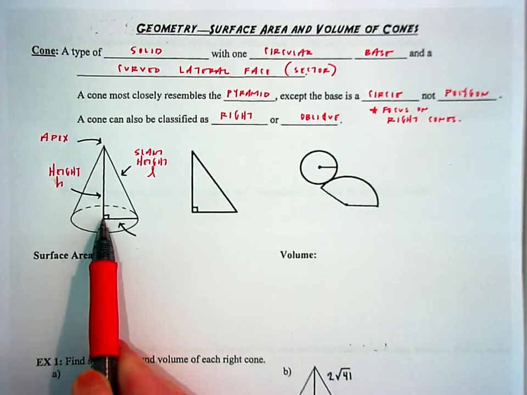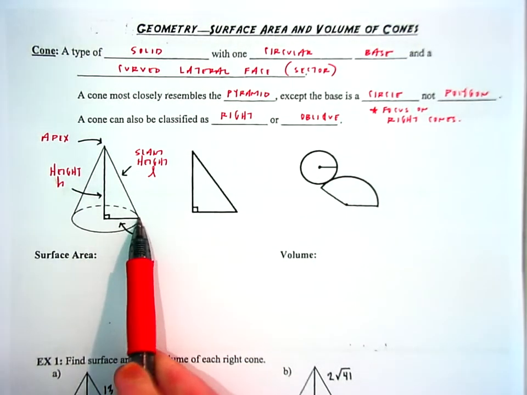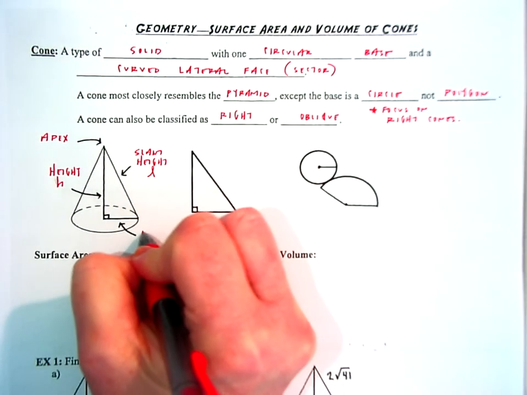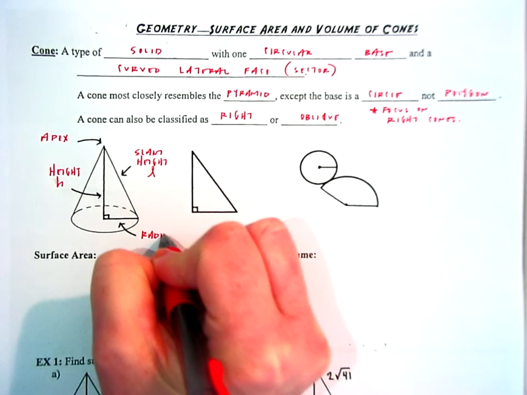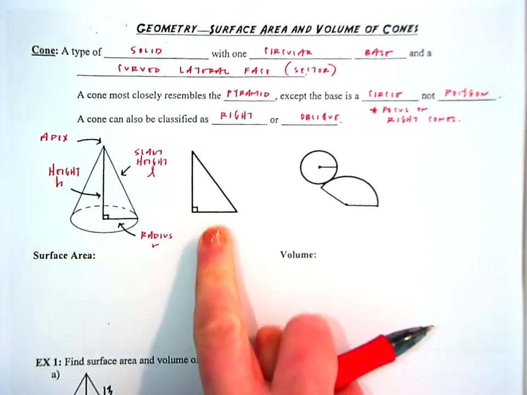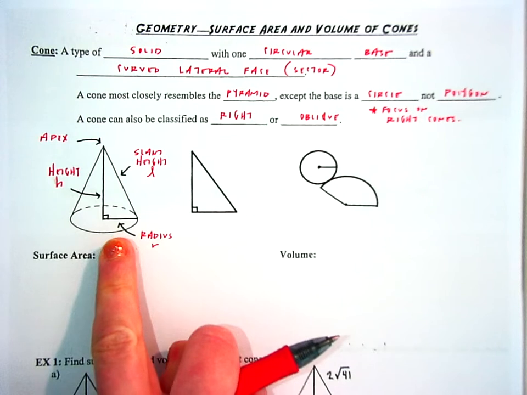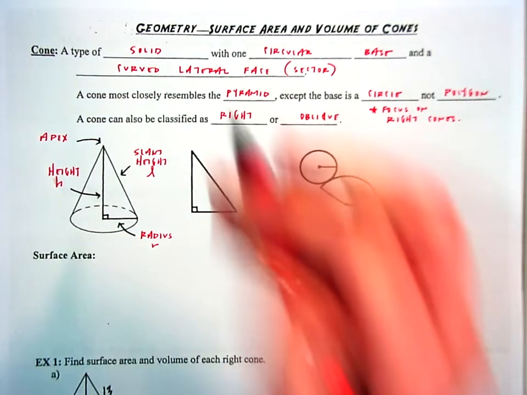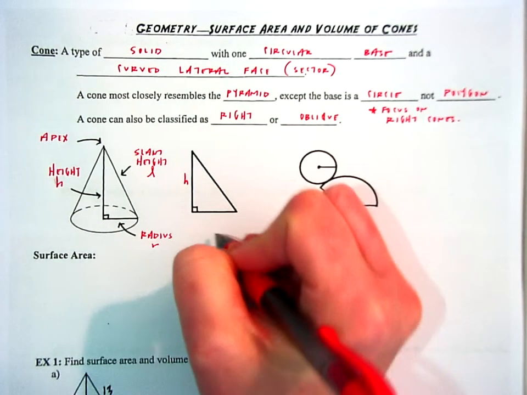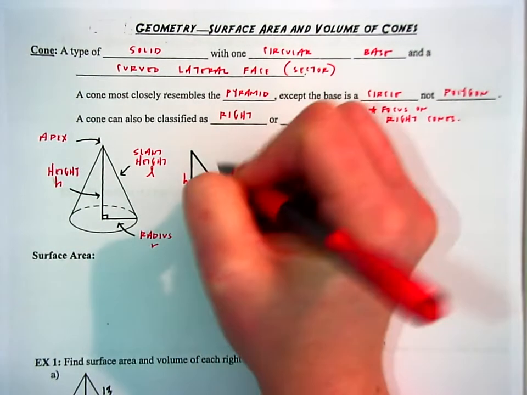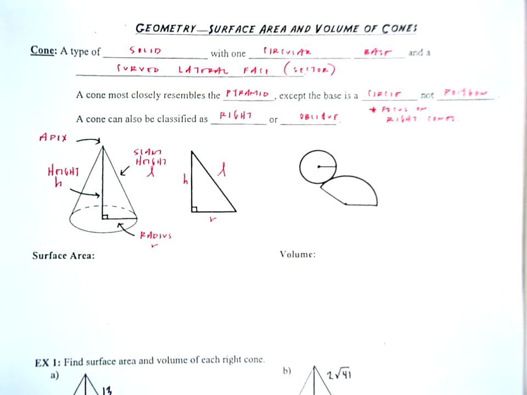And then here, center to any point on the circle, we know that is a radius. So I have this triangle that exists inside of any right cone where my legs are the height and the radius, and the hypotenuse is the slant height right there.